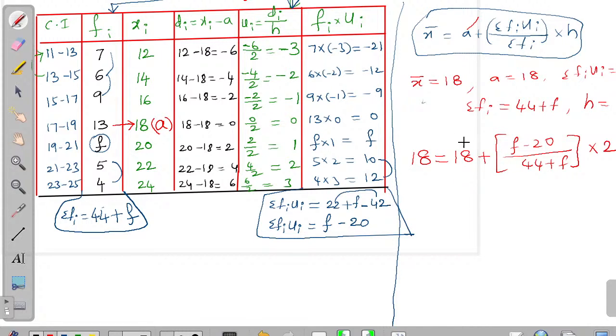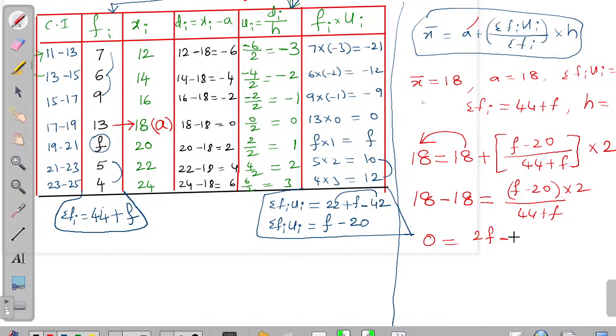Here do one thing: just transpose 18 to the LHS, otherwise it's lengthy. 18 minus 18 is equal to (f minus 20) into 2 by 44 plus f. Now 18 minus 18 is 0, equal to 2f minus 2 into 20, which is 40, by 44 plus f.